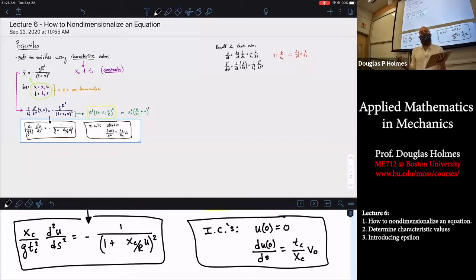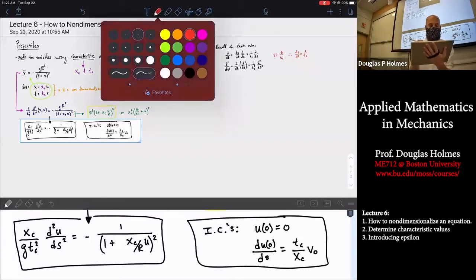Okay, so we have now rewritten our system of differential equations with its initial conditions in an entirely dimensionless form. And we've identified three dimensionless products, or dimensionless groups. So let me highlight those.